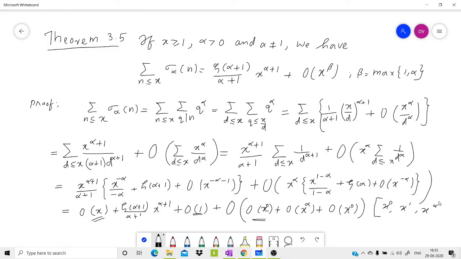So among these we need to collect the dominating one. So if alpha is greater than 1, then this will dominate. Otherwise this term will dominate. So we need to consider the domination by assessing the values of 1 and alpha. If we put beta as the maximum of 1 and alpha, we can say that x raised to beta dominates among this.